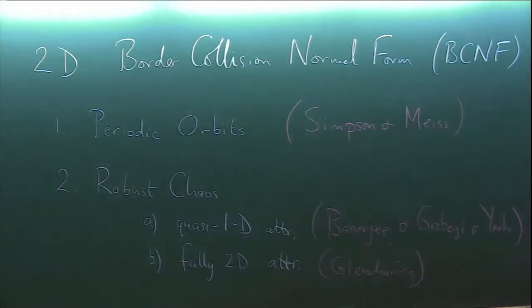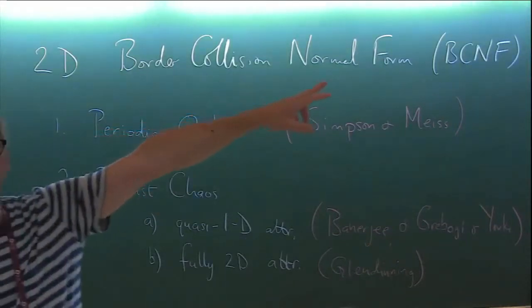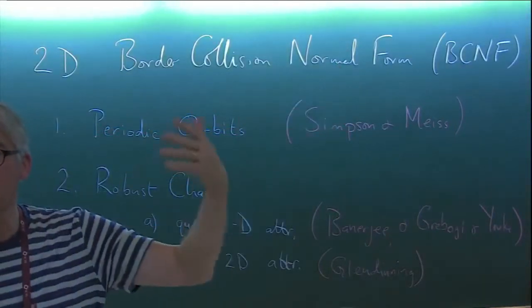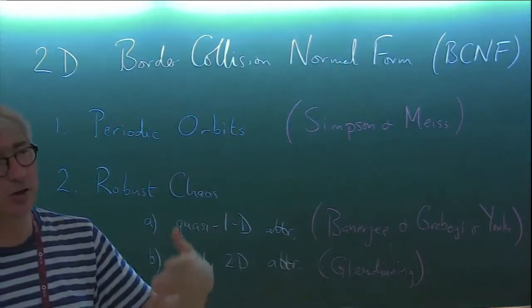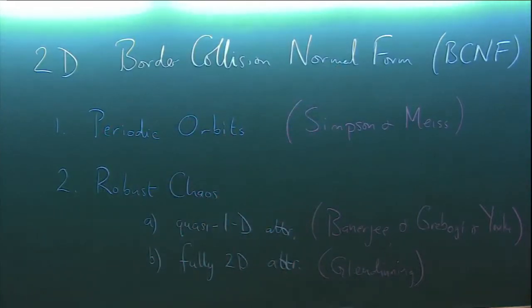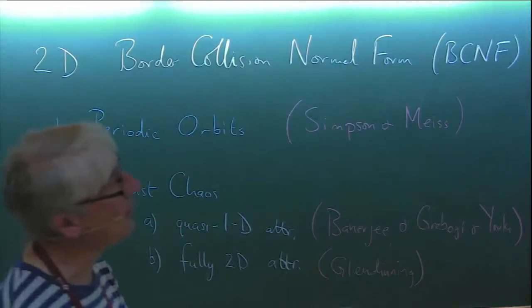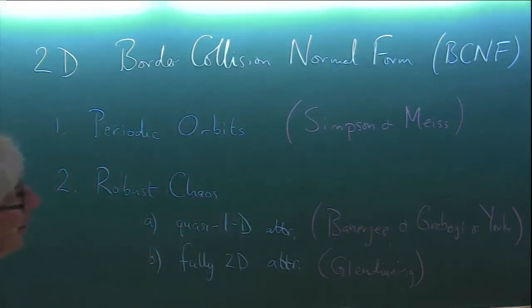So the other thing that might be worth pointing out, the border collision normal form is a very natural thing. If you're thinking about looking at complicated dynamics in two dimensions, then trying to do something continuous, but which is linear, as I've said, linear means that you can do calculations much more straightforwardly. It's a very natural thing to do.